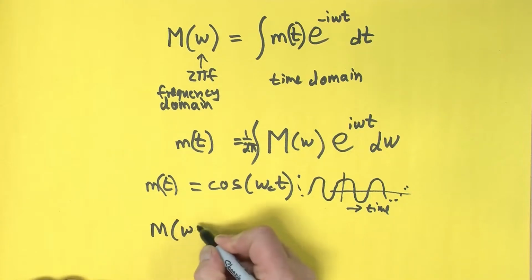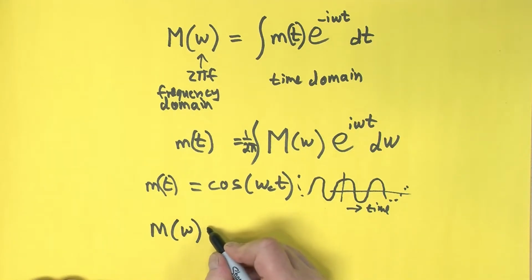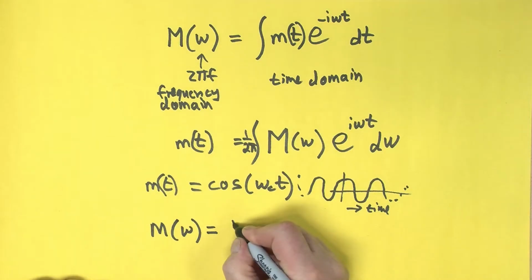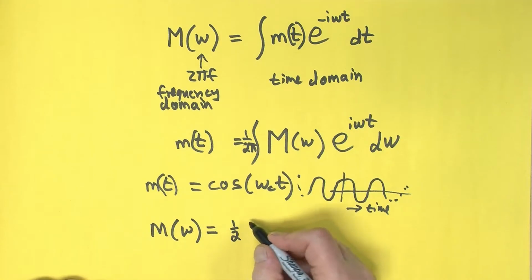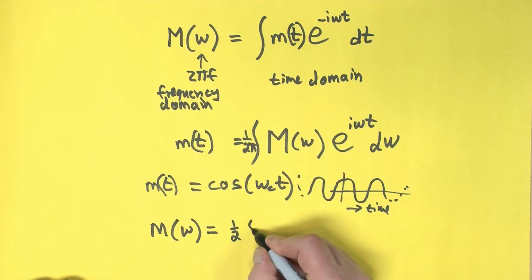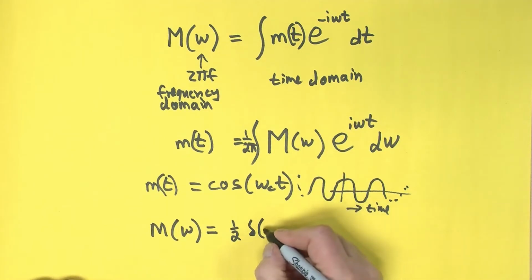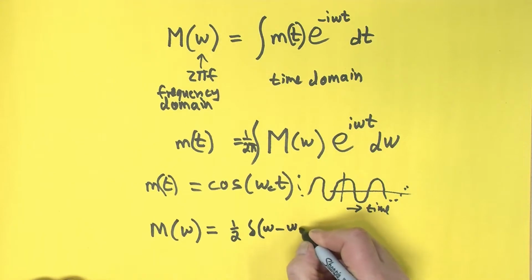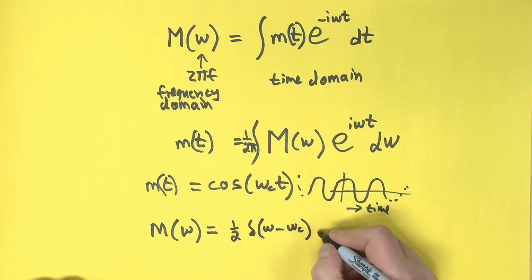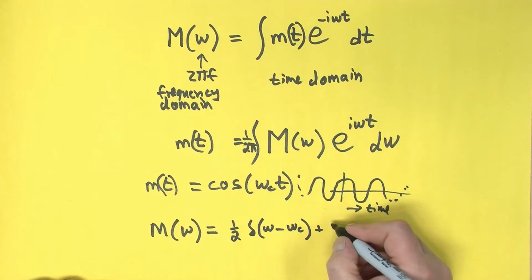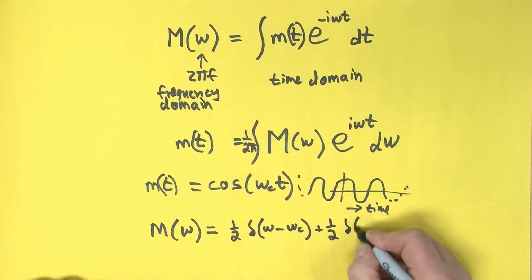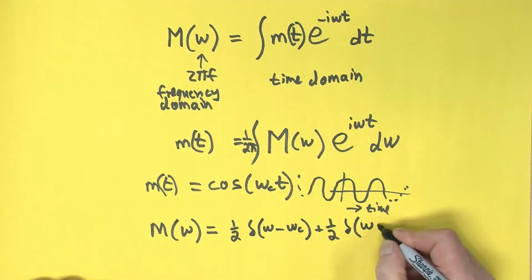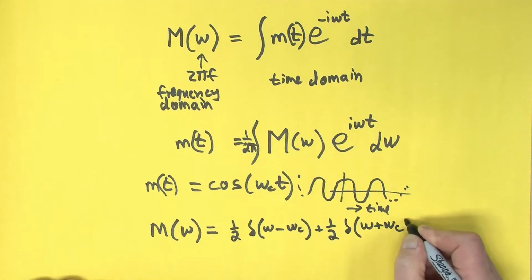M of omega, the frequency representation, equals 1/2, and this is a scaling factor depending a little bit on how you're representing this, but it's 1/2 times the delta function of omega minus omega c plus 1/2 times the delta function of omega plus omega c.